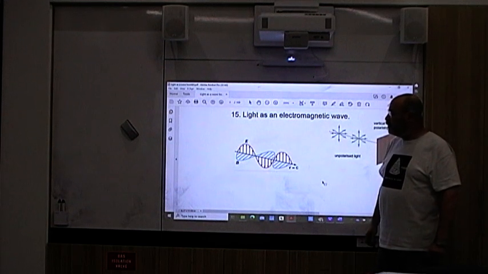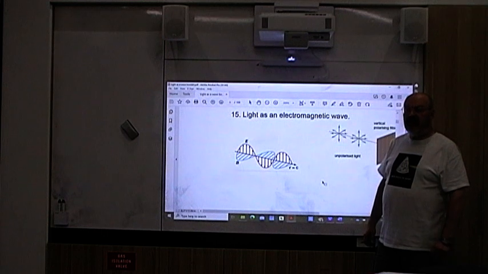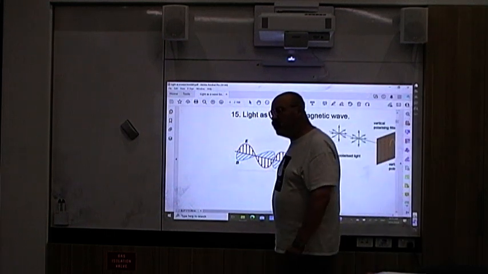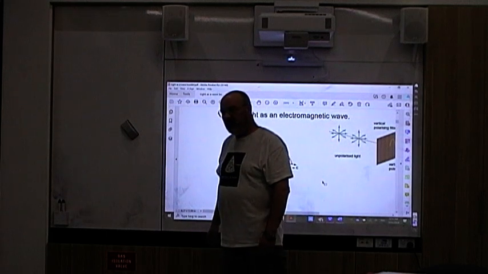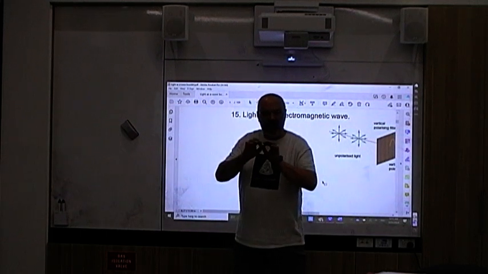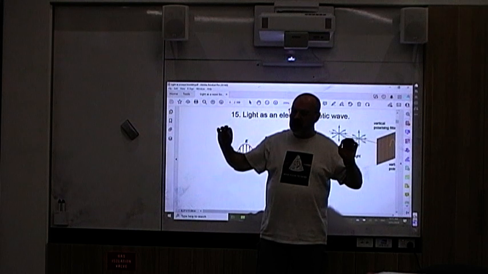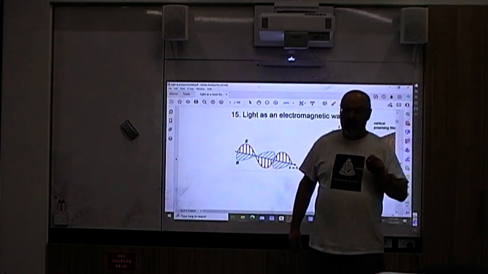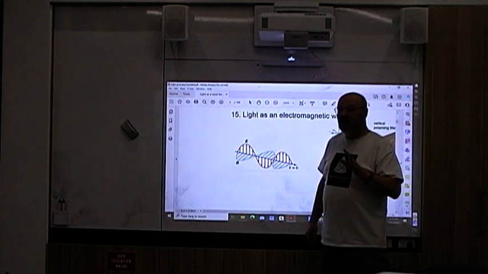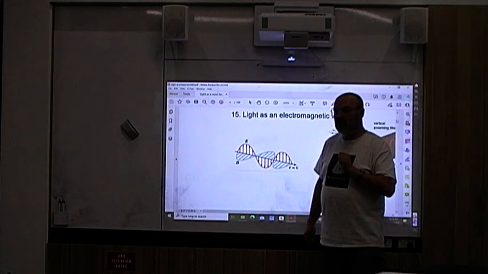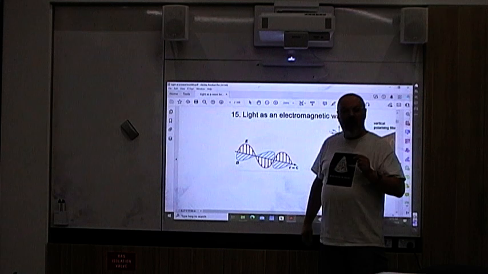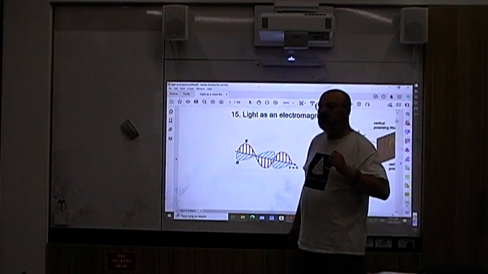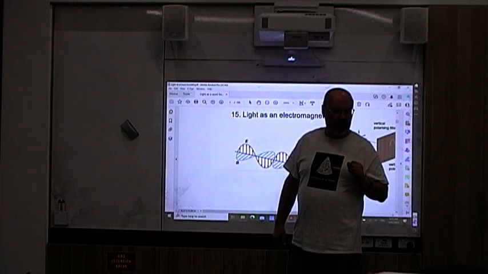Another thing: to create an electromagnetic wave, if you have just a moving charge, say we have a charge and we move it with a constant speed, we will not create an electromagnetic wave. We create a magnetic field, but there will be no change. So to create an electromagnetic wave, we need to accelerate charges.